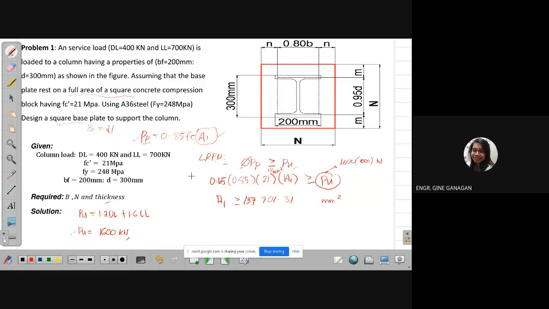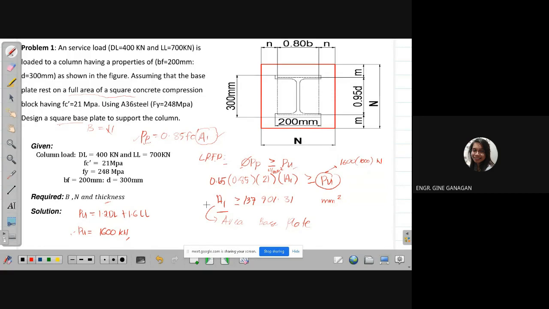Meron na tayong area. Sabi natin yung area 1, that is the steel concentrically bearing on the concrete support. So, that will be our area for our steel base plate. Okay?